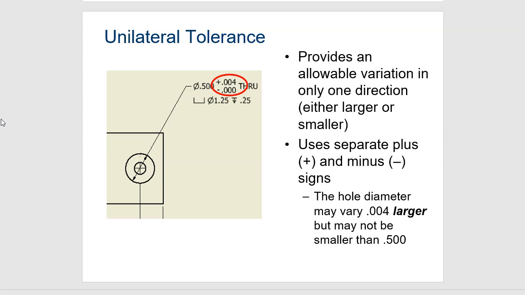But usually one side of this is 0, and that's saying from this point, you can go from 0.5 up to 0.504. So one side is set at 0. The smallest it could be is 0.5, and it can be up to 0.504 for the largest size. And that's a unilateral tolerance. It's kind of a center and to the right or center and to the left value.